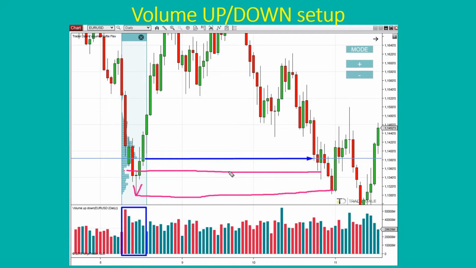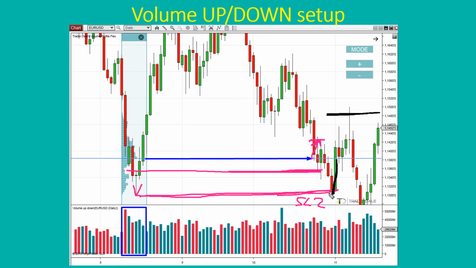And if I use the first stop loss with risk reward ratio 1, then this would be the profit target. So this one would be a winning trade. And if I used this stop loss, let's call it stop loss number 2, then my take profit would be somewhere in here, because I trade with risk reward ratio 1.